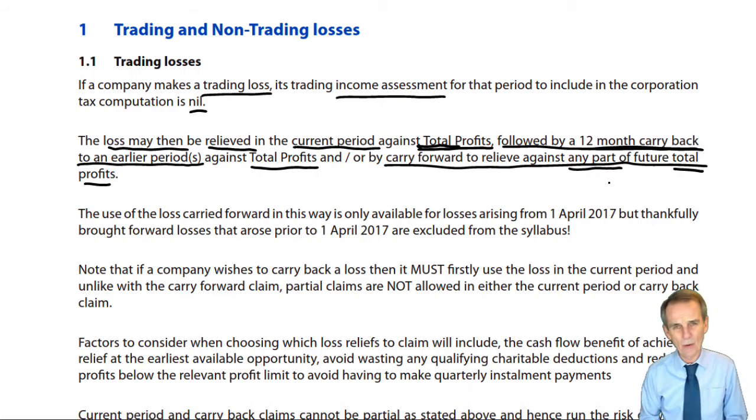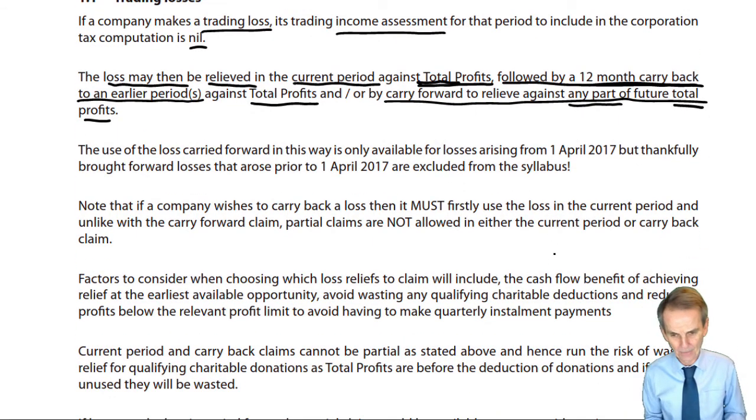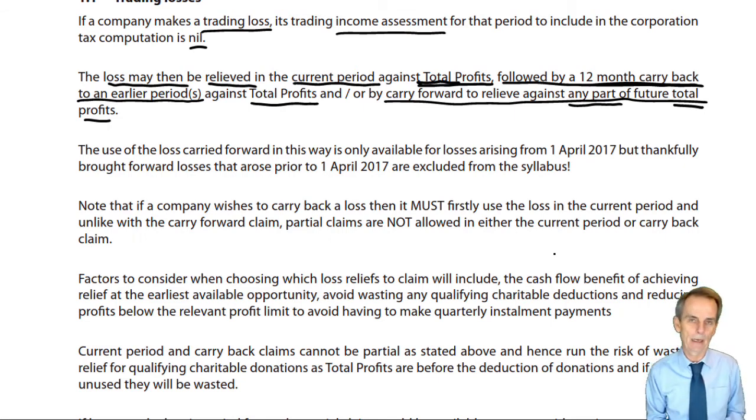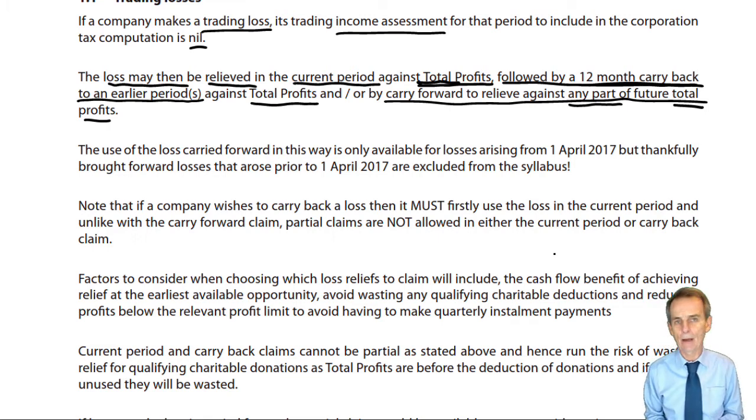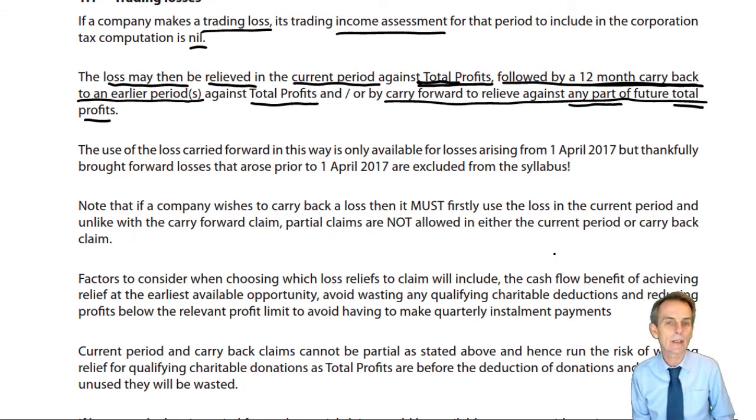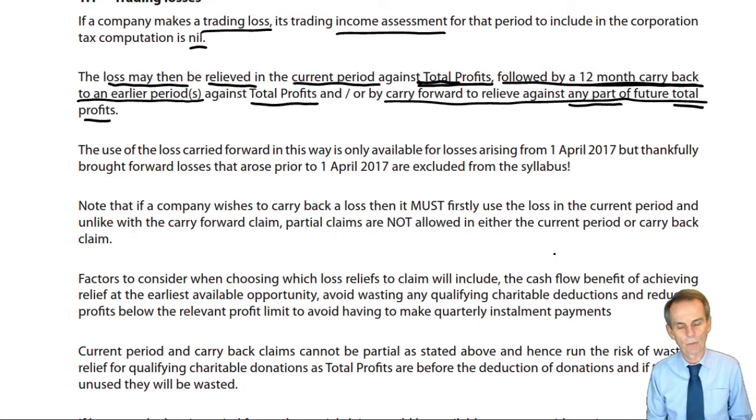So what that is showing us is that whereas with a current and carry back claim, you go against total profits to the extent that there is loss to set off against those total profits, there are no partial claims available in the current period or the carryback claims. When you carry forward, partial claims are allowed. You can use any part of that carried forward loss against any part of those future total profits.